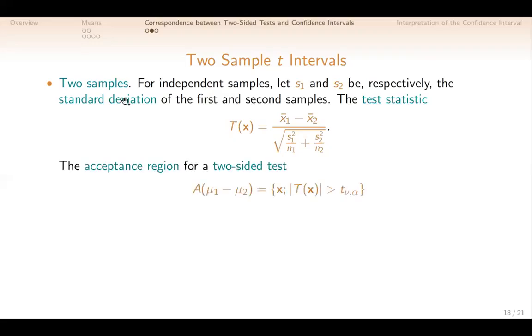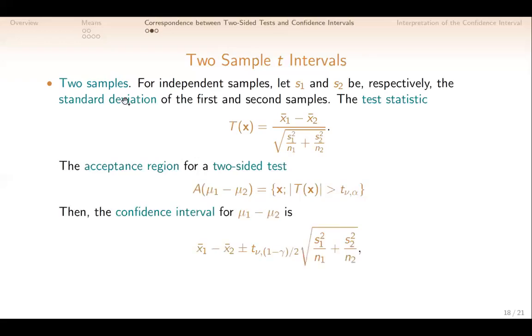And so if you want to do an acceptance region for a two-sided test, you would take the absolute value of the t statistic, and you would want it to be big, compared to the t value with a number of degrees of freedom you have to compute in a particular way, at alpha over 2.